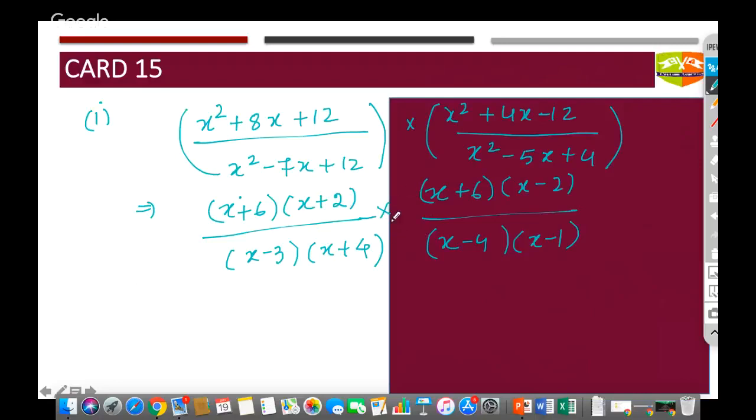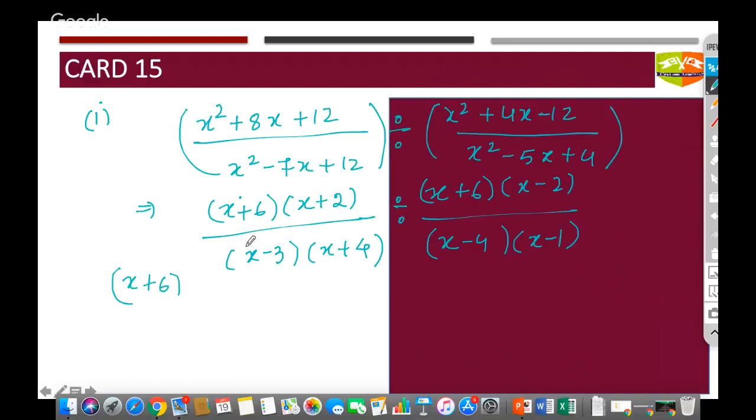Now I'll check whether something is matching or not. So here in case of multiplication, nothing is matching. Now what I do is that I change this multiplication sign with a division sign, and let's see what happens.